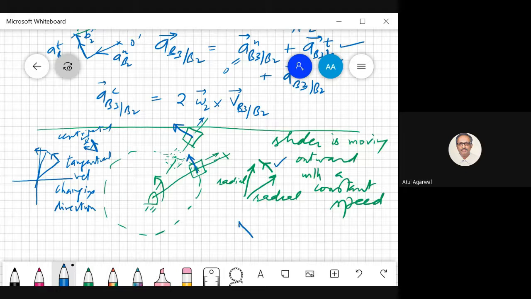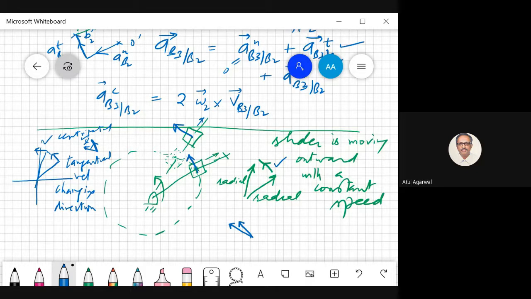Then you see tangential velocity initially was like this. Next time like this. So tangential velocity changing direction, what will it lead to? Centripetal acceleration. Just like a situation like this, you are having some tangential velocity changing direction.